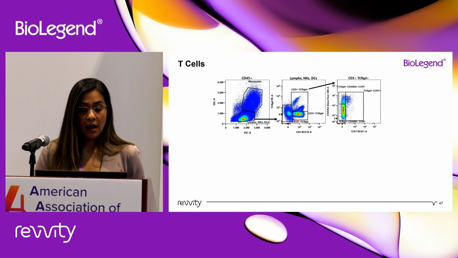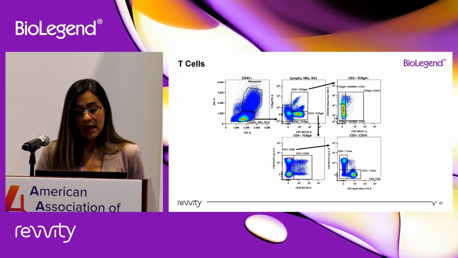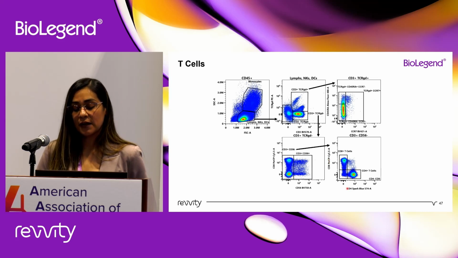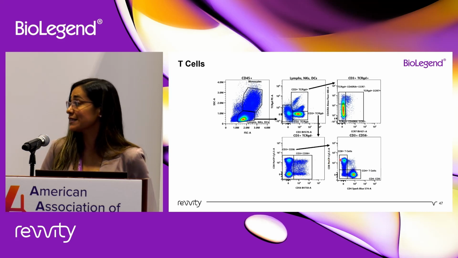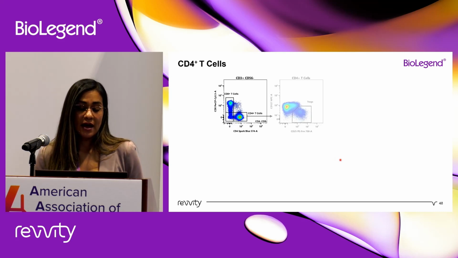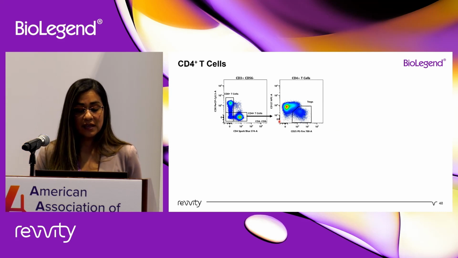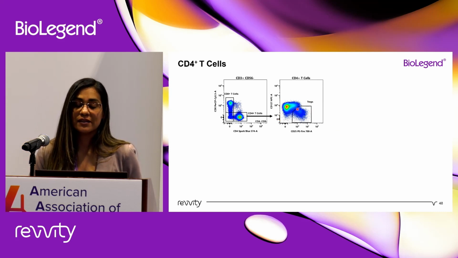Or we can do the analysis in the most abundant CD3 positive, TCR gamma delta negative, where we can exclude NKT cells here, doing the gating on the CD3 positive, CD56 negative, and further identify the CD4 and CD8 T cells. From the CD4, we can later do the classical gating for CD127 and CD25 to identify the Tregs.